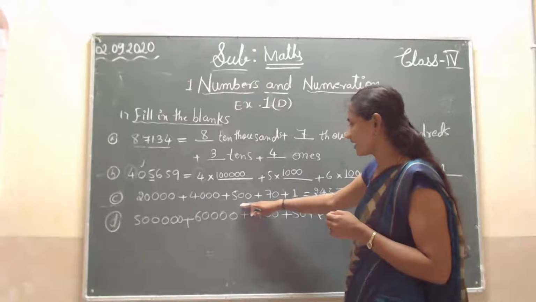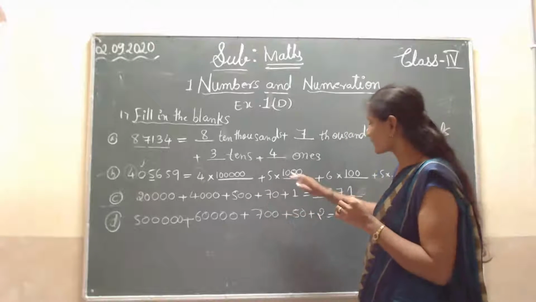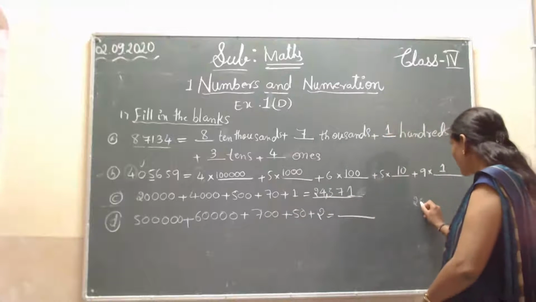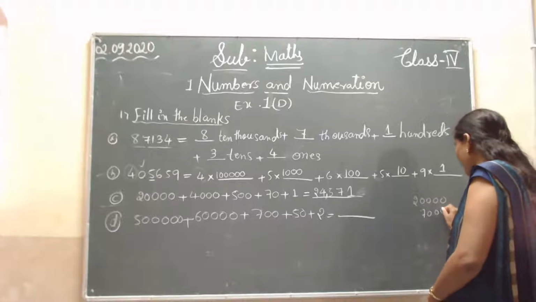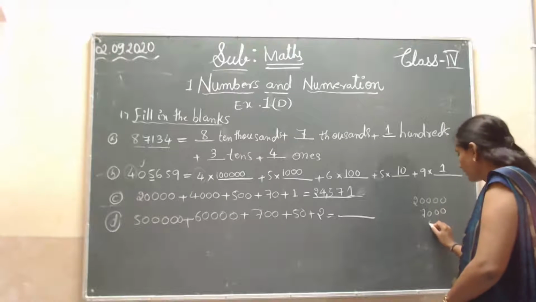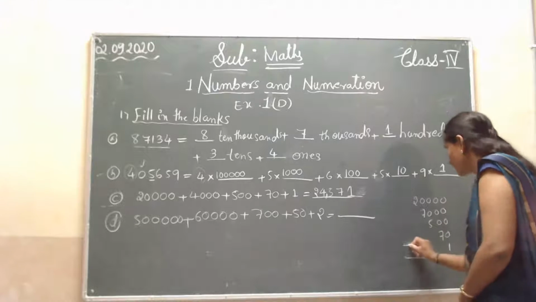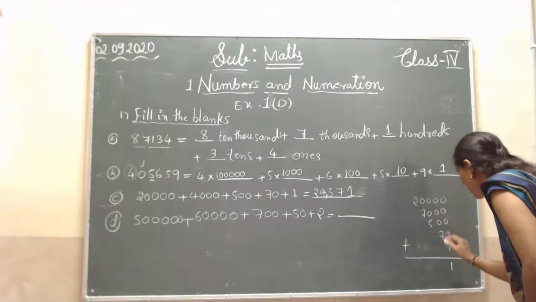So 500 plus 70, that is 570, plus 1, that is 571. 7,570 plus 1. You know, students, that is 0 plus 0, we will write 1. So 0, 0, then 7.